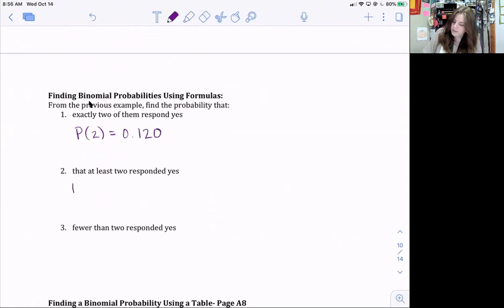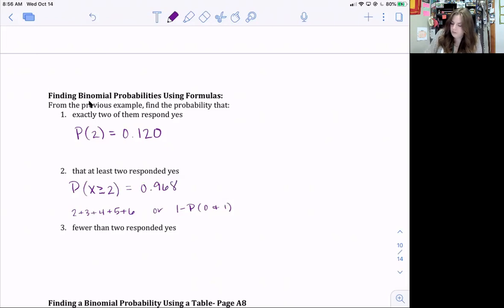The probability of at least 2 would be x is greater than or equal to 2, which means we're going to be doing 2 plus 3 plus 4 plus 5 plus 6. Or if you wanted, you could do 1 minus the probability of 0 and 1. So whichever one you prefer, I want you to go ahead and try this. And you should get 0.968.